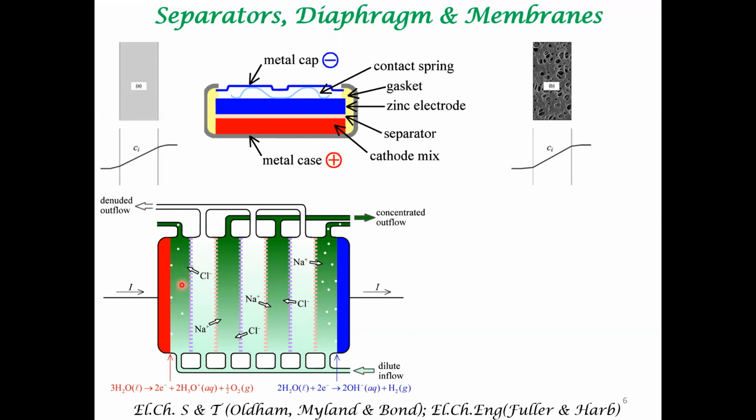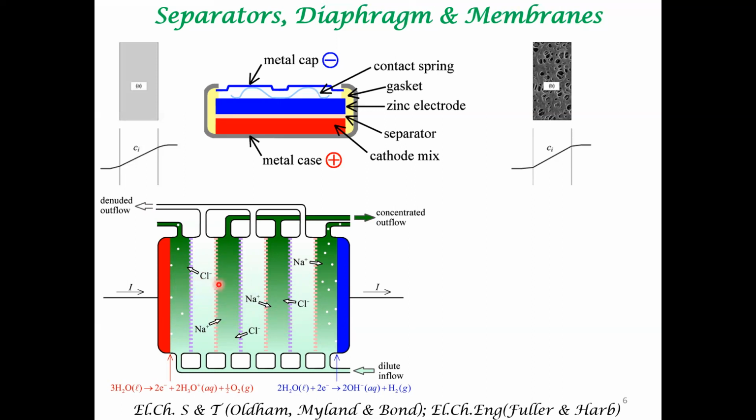So this compartment will get more concentrated, and this compartment will get less concentrated. So this has a series of compartments and alternate compartments, this, and this, have electrolytes wherein Na plus and Cl minus have been removed.